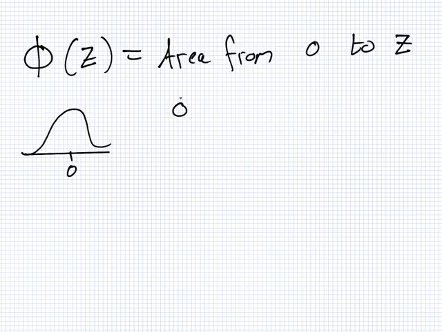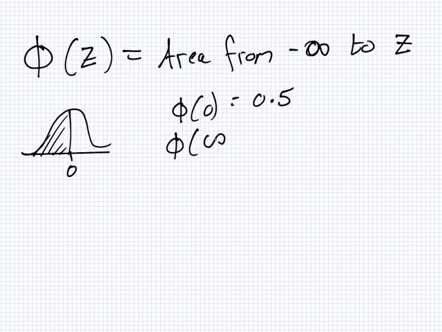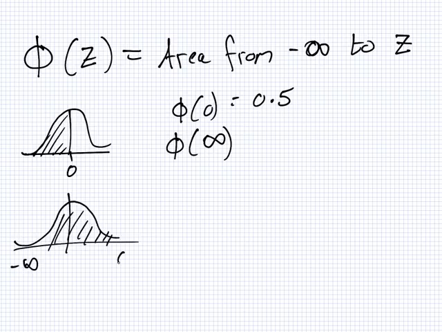If I write this, it means the area from minus infinity up to the point 0. So this one here, we said would be 0.5. If I wrote infinity, then that would be the area from minus infinity all the way up to infinity. That's going to be 1.